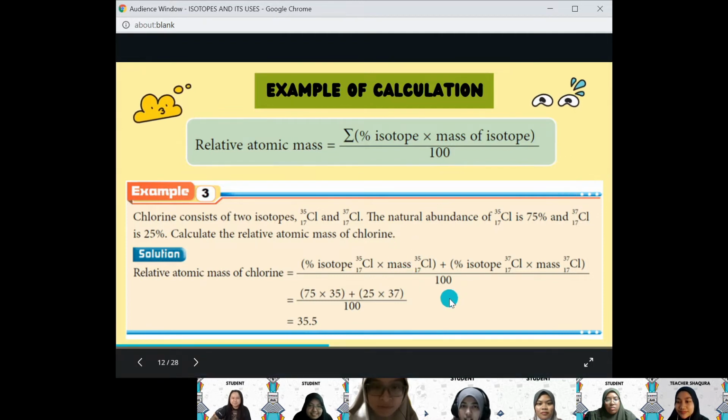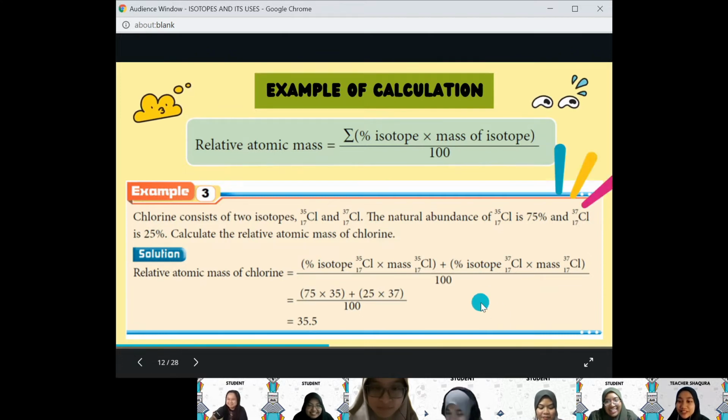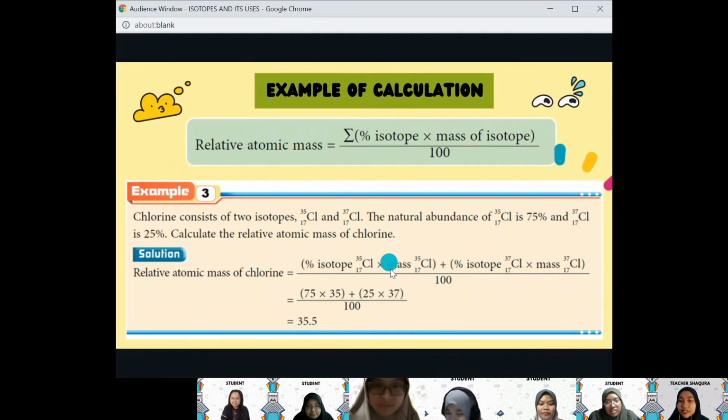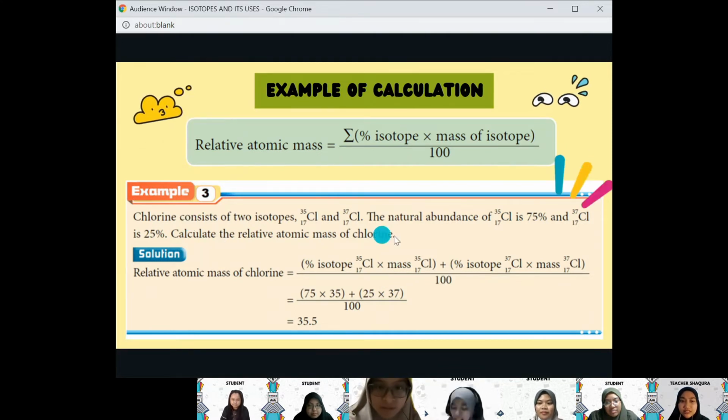I don't know, I just assume. Alright. Does anyone know how we know the mass of chlorine-35? Because in this question, it does not state the mass of chlorine-35, right?